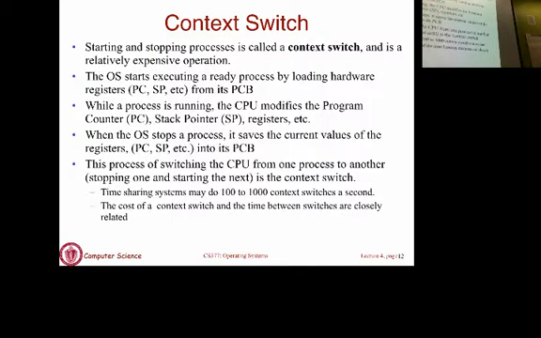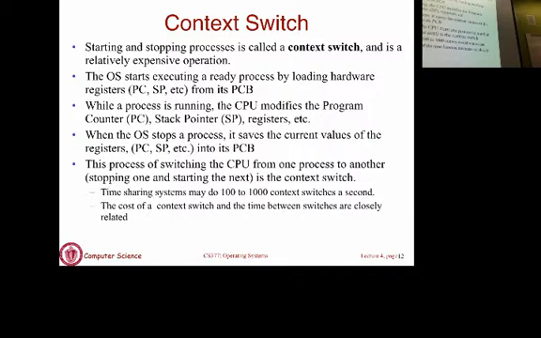So you save all of these registers into the PCB, and you pick the next process to run. Typically, to do that, you have to run a CPU scheduling algorithm, which we have not encountered yet, but which we are going to see very soon. Once you pick the next process, you look at its PCB, take all of the register values and put them into the registers.